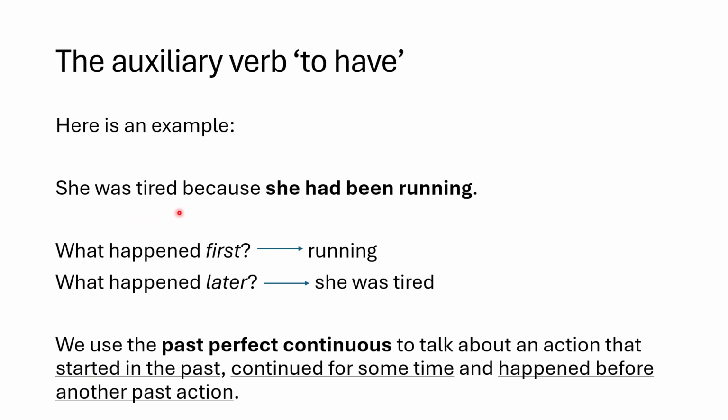She was tired because she had been running. What happened first? Running. What happened later? She was tired. We use the past perfect continuous to talk about an action that started in the past, continued for some time, and happened before another past action.